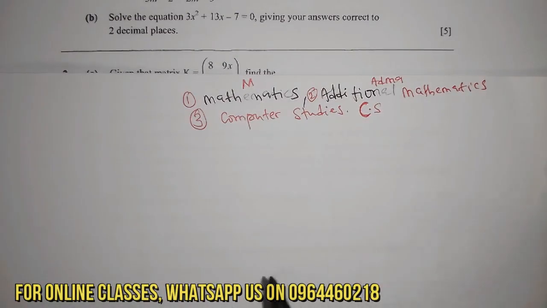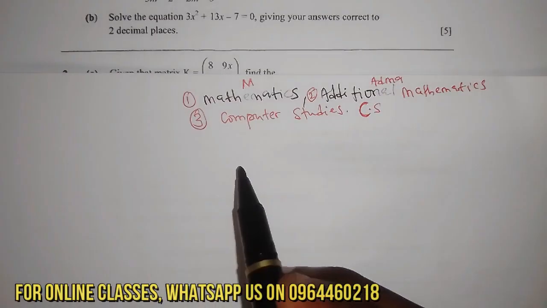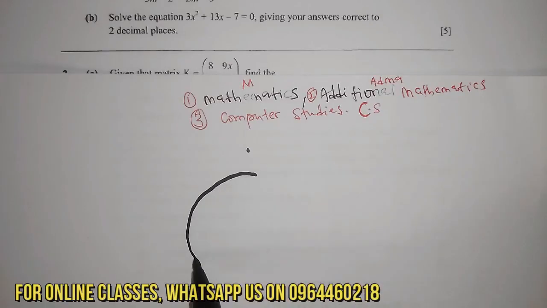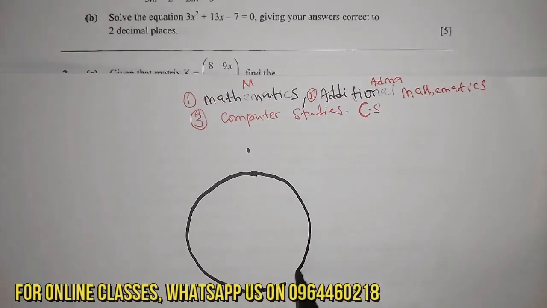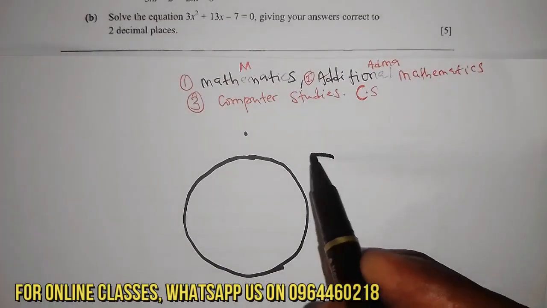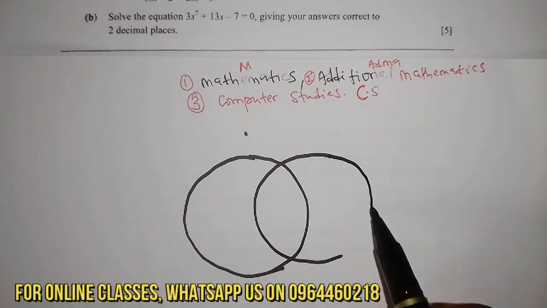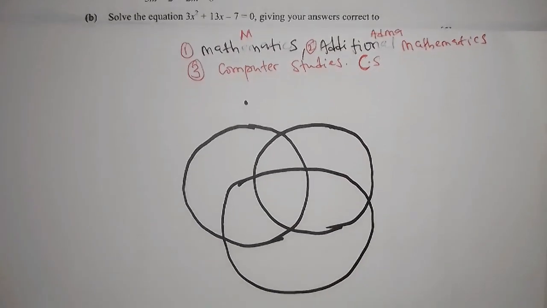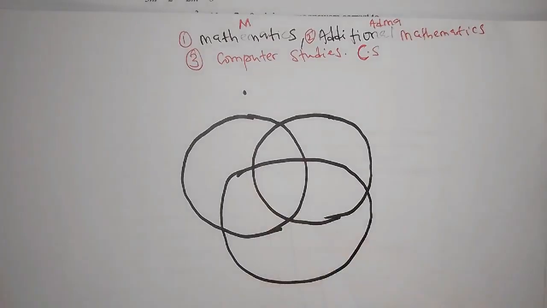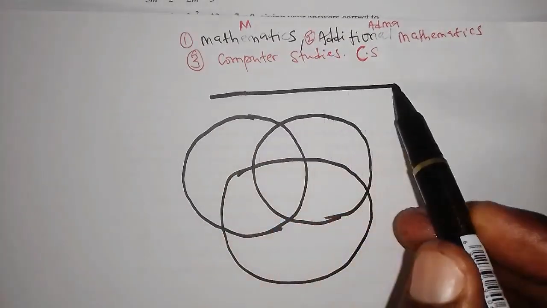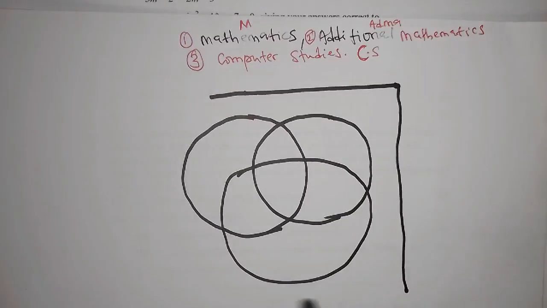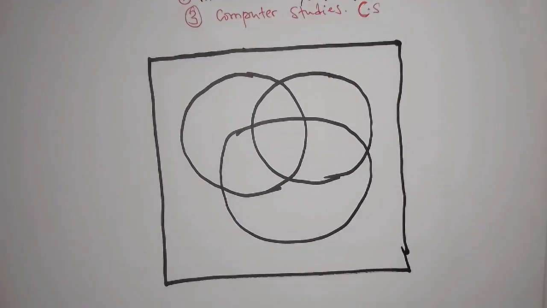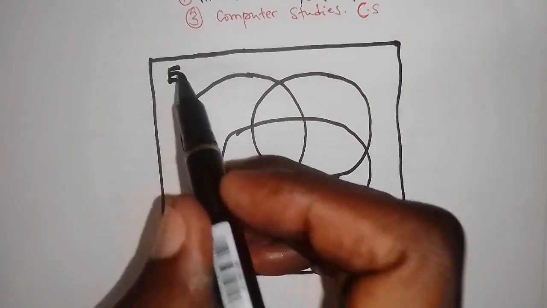The Venn diagram is going to have three subjects. You put a rectangle, and then we put E inside.